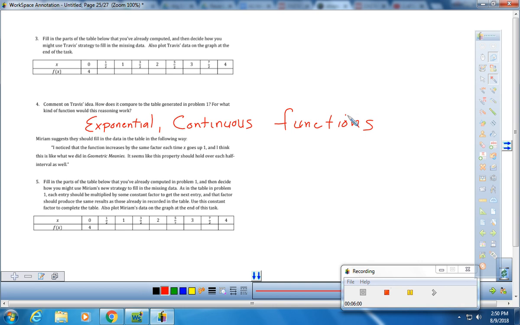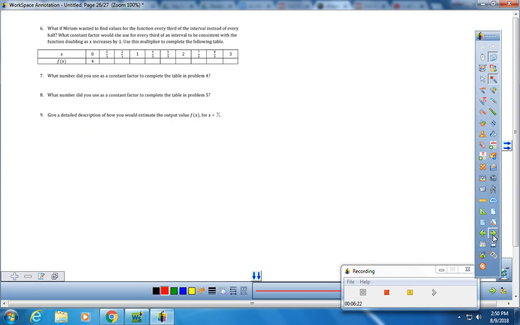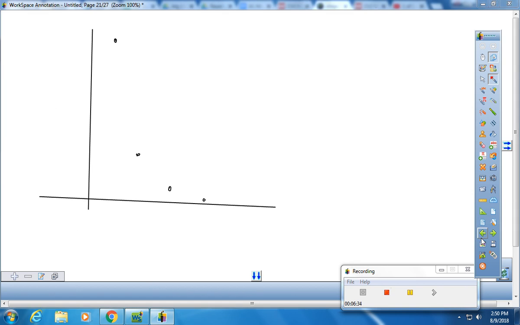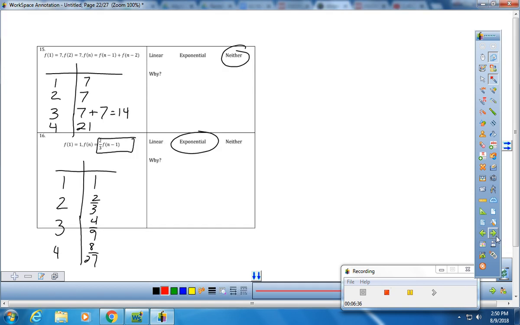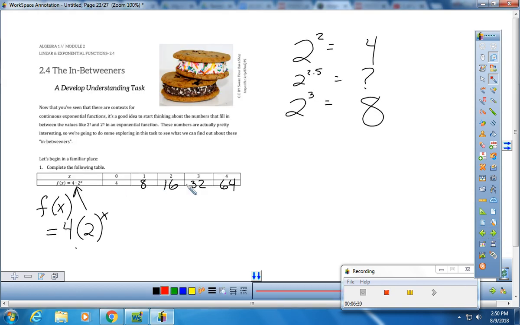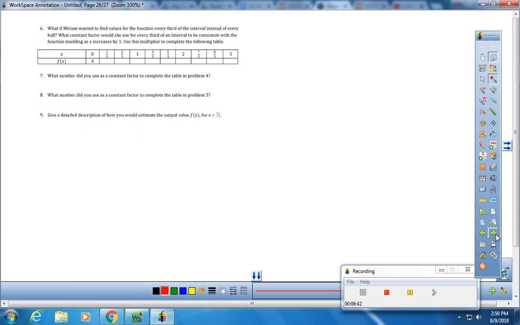I don't think we need to do this in number 5 too much. Let's just skip on to number 6, okay? What if Miriam wanted to find the values of the function every third of the interval? So let's go back to what we started with. We know that the whole numbers went 8, 16, 32, 64. So 8, double it again, 16, double it again, 32. Well, what if we wanted a third way point?